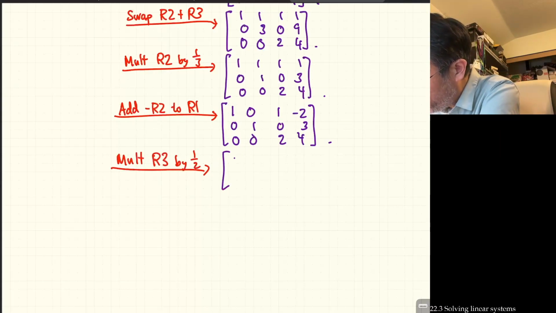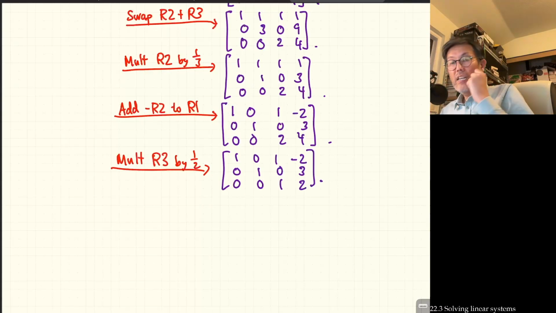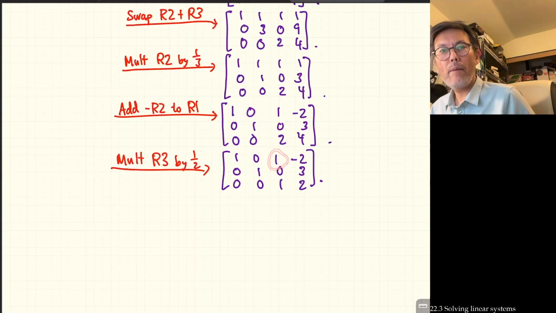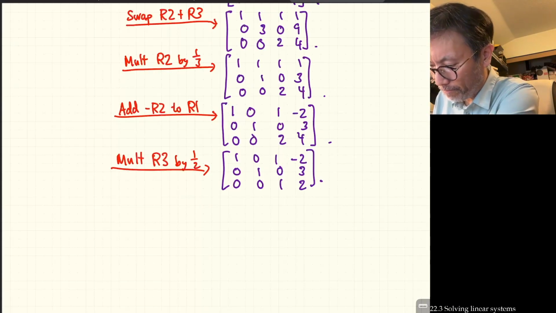And what I get is 1, 0, 1, -2, 0, 1, 0, 3, and 0, 0, 0, 1, 2. And finally, I can now kill this 1 here by adding negative row 3 to row 1.